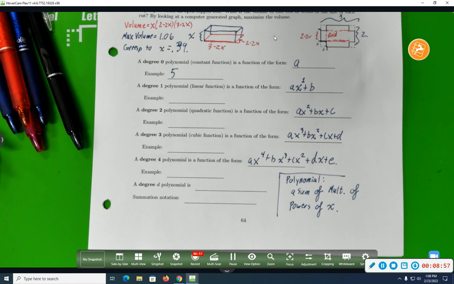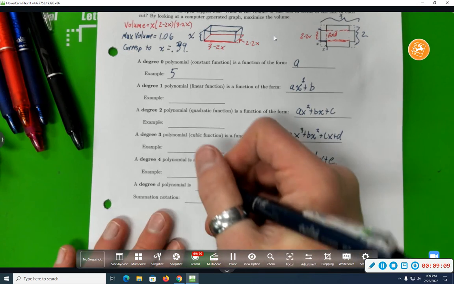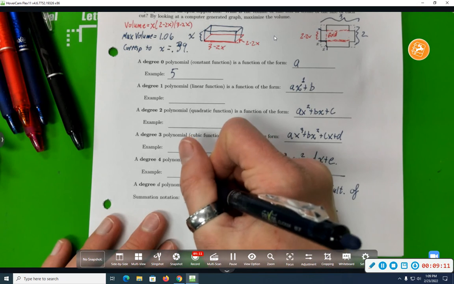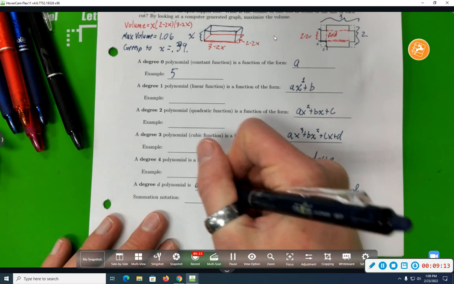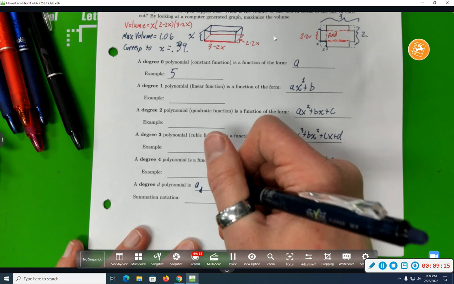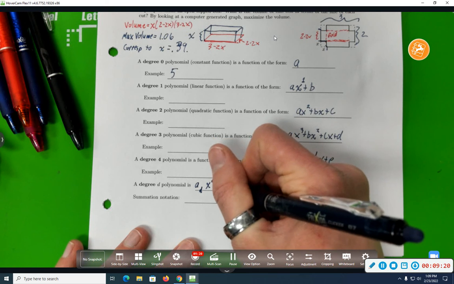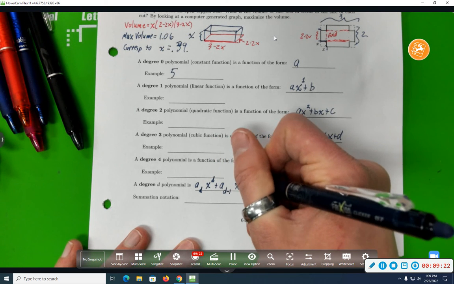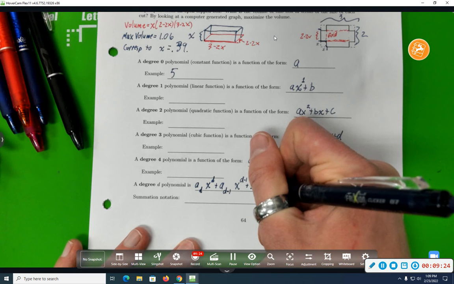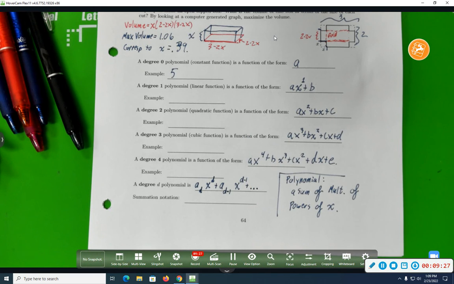It's a bunch of coefficients times powers of x, and the biggest power is d. I can't just use letters a, b, c, d, so I'll write something like this: some coefficient a sub d times x to the power d, plus a sub d minus 1 times x to the power d minus 1, plus, and I don't know how big d is, so I can't just keep writing terms, I won't know when to stop.